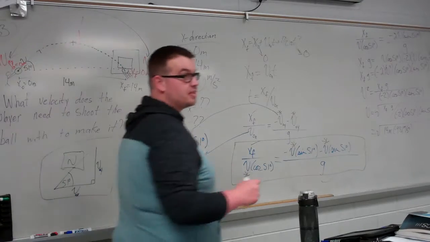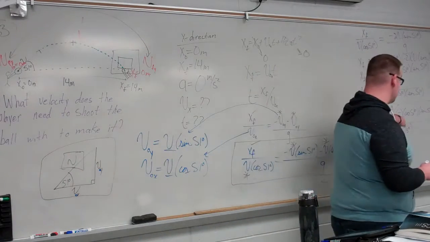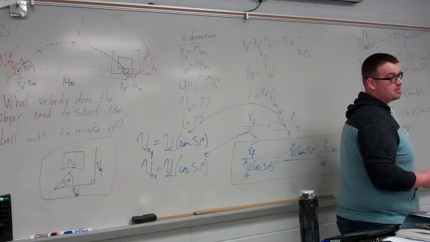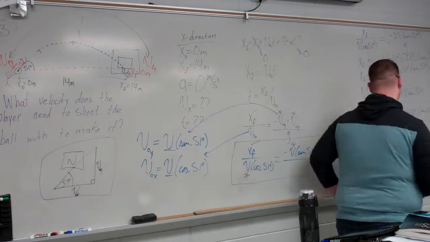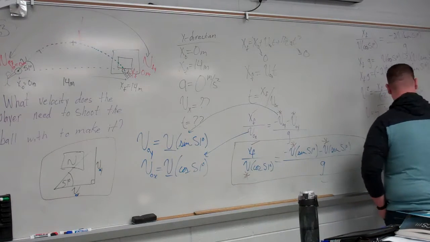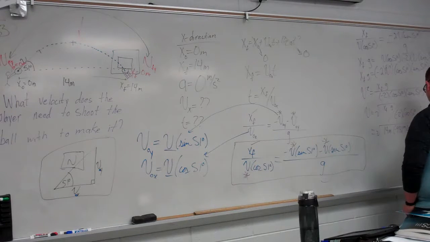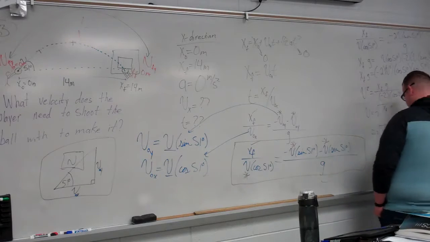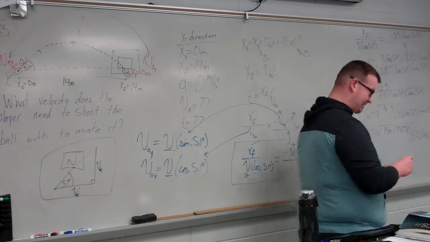You have to stick with that, because if you don't, this negative 2 is going to give you an imaginary number. All of this is divided by negative 2 times the cosine 51 degrees times the sine of 51 degrees. You can finally put this in a calculator.